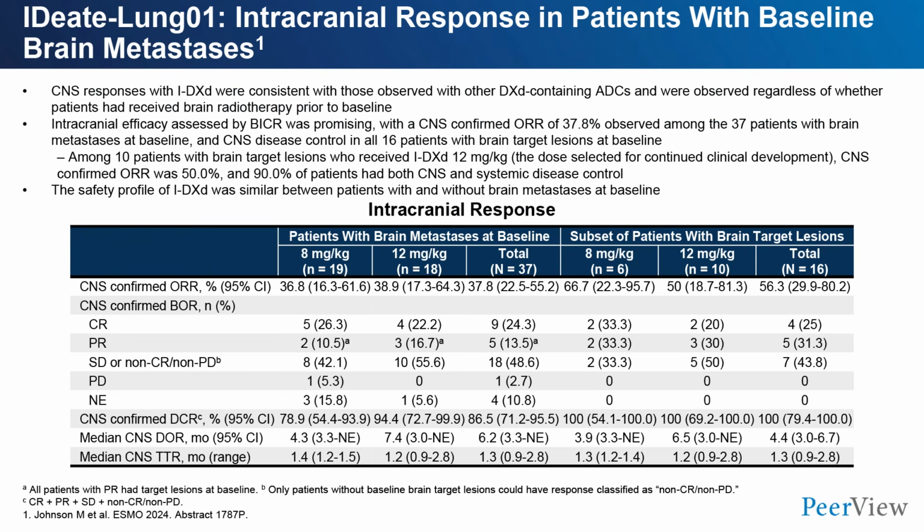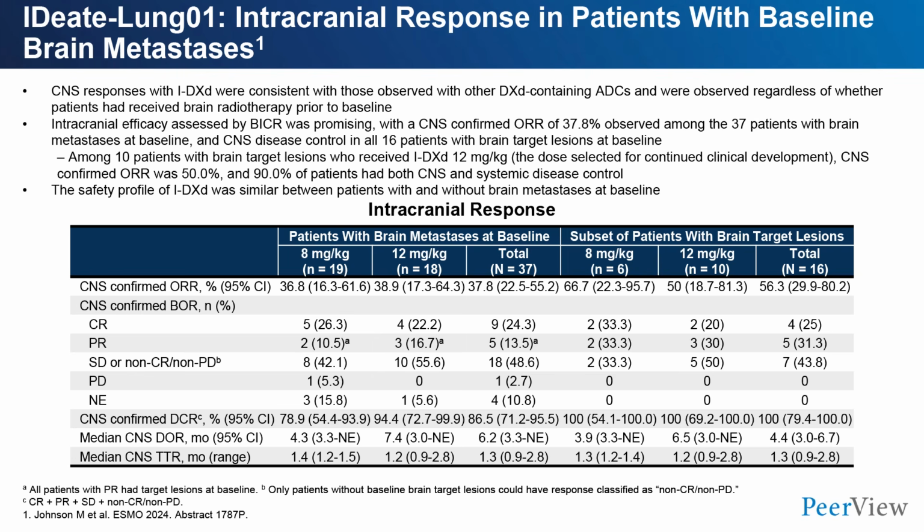Now, if we focus on intracranial response in patients with baseline brain metastases, you can see at the 8 and 12 mg per kg dosing. On the left there is patients with brain metastases at baseline, 37% with a confirmed response, 39% in the 12 mg per kg with confirmed response.